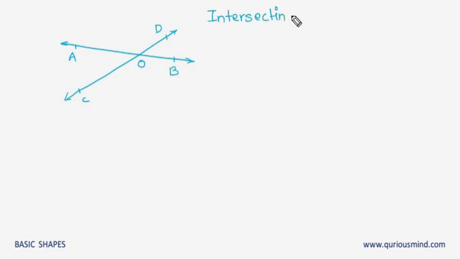So we can have 2 lines which cross each other. Now in this case, these lines, when they cross each other, are called intersecting lines. And this point O, the point at which they intersect, is called the point of intersection.